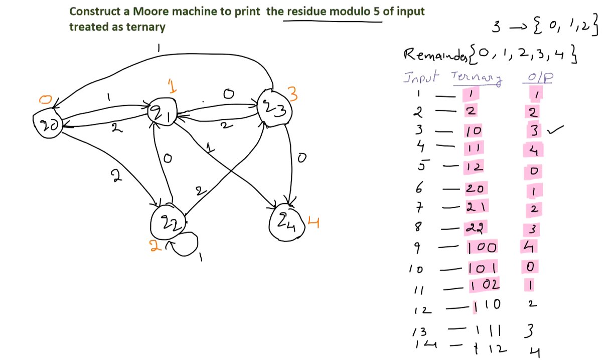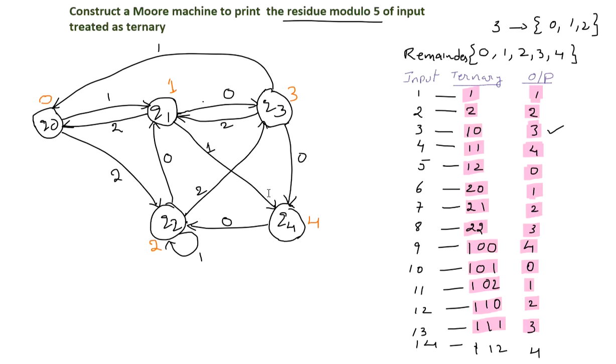The next input string is 110 and the output is 2, so it has to reach the state Q2. With the input 1 1, it has reached the state Q4, so Q4 on 0 reaches the state Q2. The next input string is 111 and the output is 3, so it has to reach the state Q3.